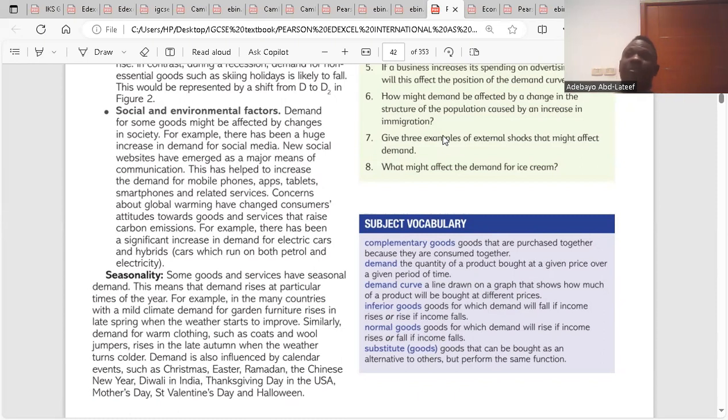As a result, demand for social media resources continues to increase because that is the world we are in right now. That is the point they are making here. The society and environment we have impact the demand for certain products or services. Is it clear? Then we have seasonality.